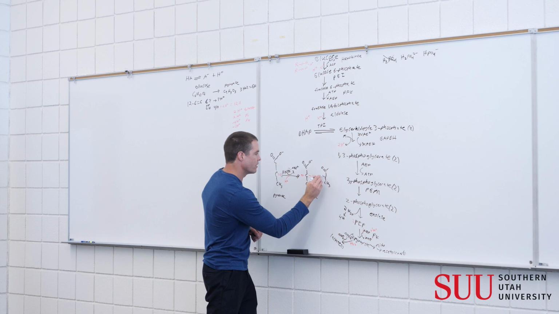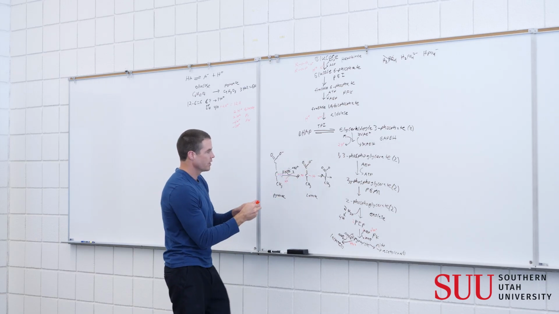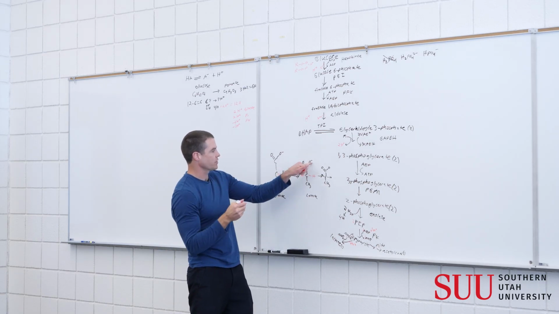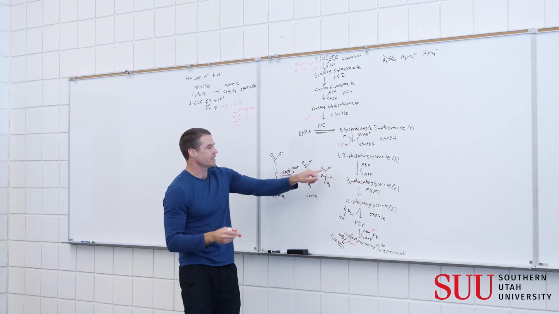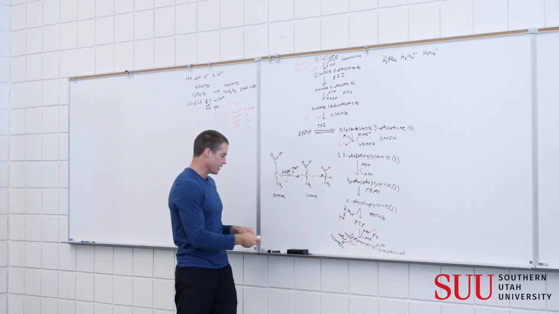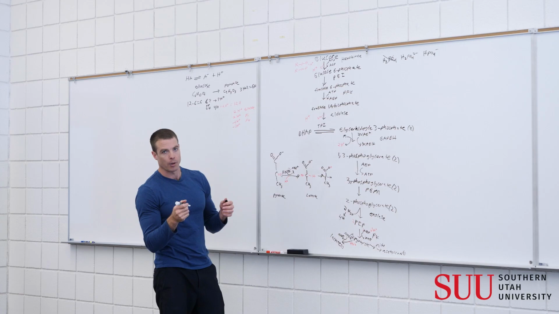So here we have our alcohol group and your hydrogen. Now over here is where the difference is. Instead of a negative charge on the carboxylate group, you would have this hydrogen. Okay, this is an acidic hydrogen, and this has what we call a pKa.